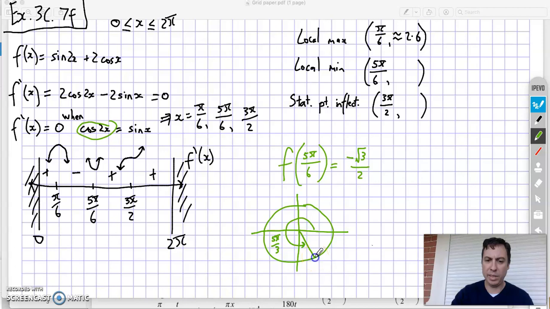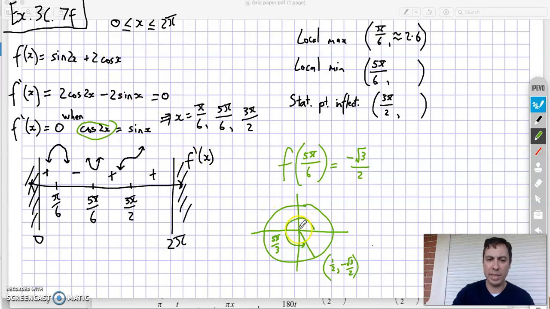What's the sine value there? The cos value is a half, but the sine value is minus root 3 on 2. And then we're going to be plussing 2 times cos 5 pi on 6.